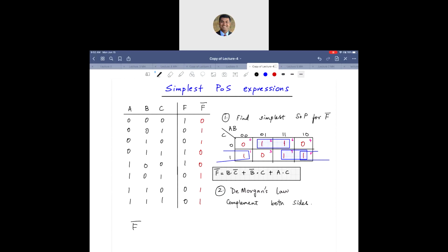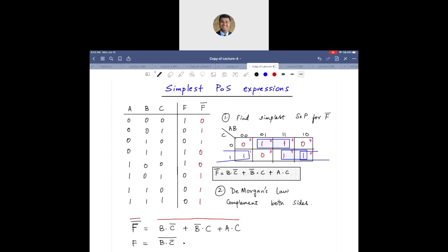F complement equals B and C complement, or B complement and C, or A and C. If I complement both sides, I get that and that. My left hand side is simply going to become F. My right hand side, you are going to use De Morgan's law to write B and C complement.